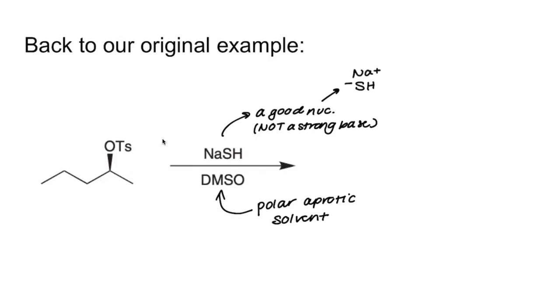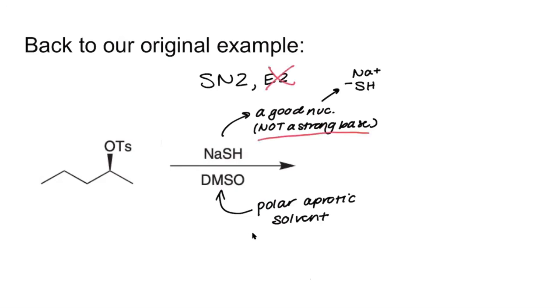Based on these two things, do you have any idea what kind of reaction this might be? SN2? Yes, exactly, good job. So this is going to be an SN2. And because these reactions sometimes come in pairs, we want to think about E2. The reason E2 is not going to work is because this is not a strong base.